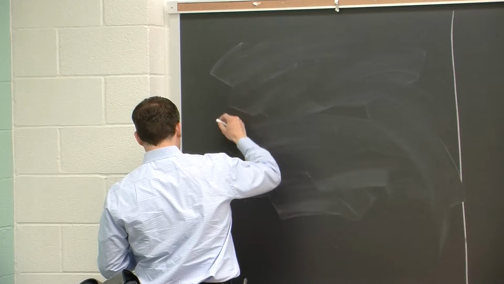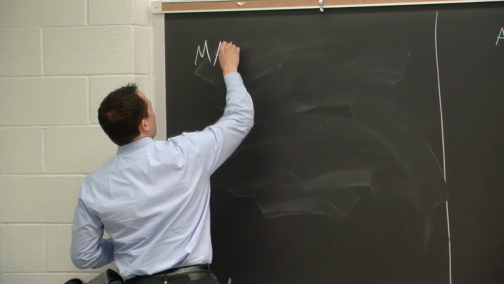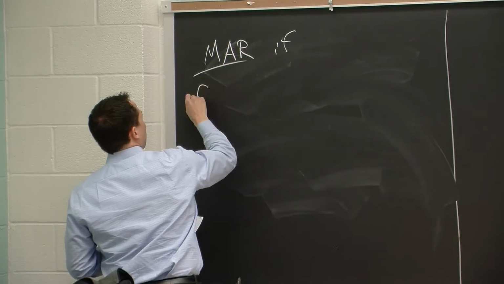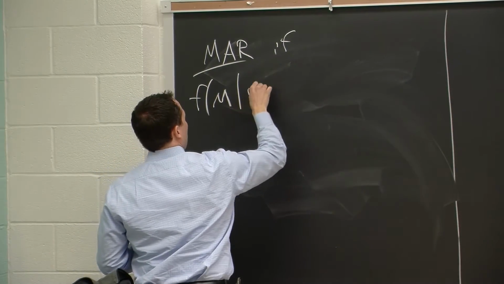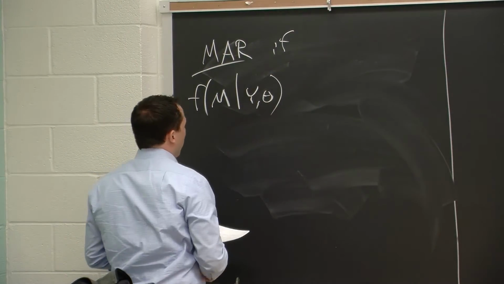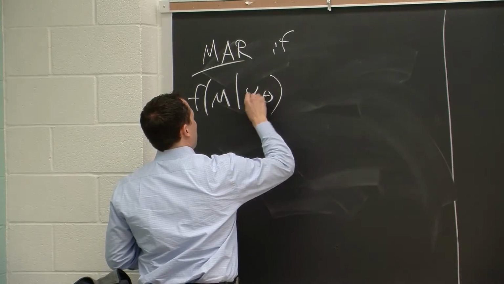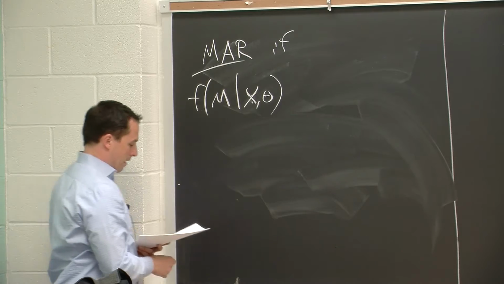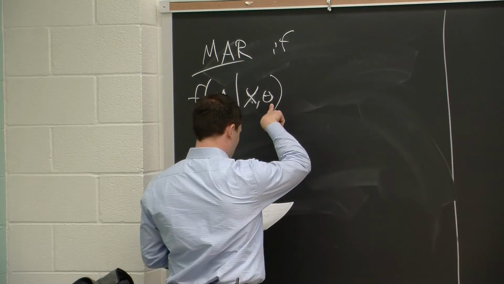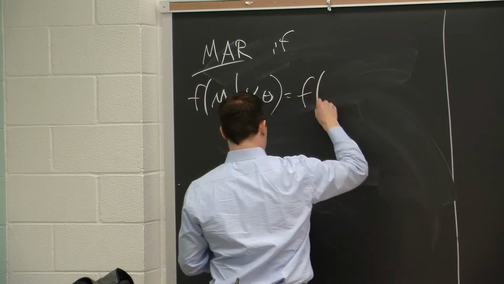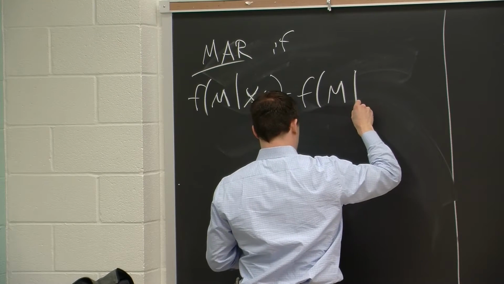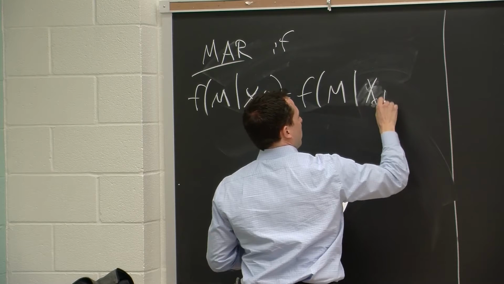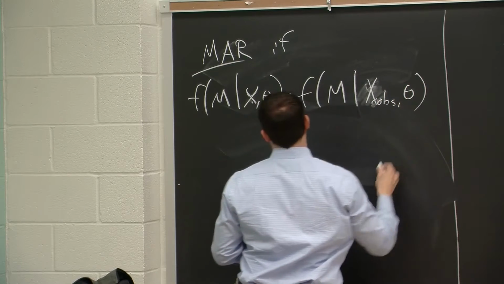And then we had missing at random, if the distribution, sorry, I keep writing y, of the missingness conditioned on x, the rest of the data, and the parameters, the missingness depends only on the observed things and the parameters.